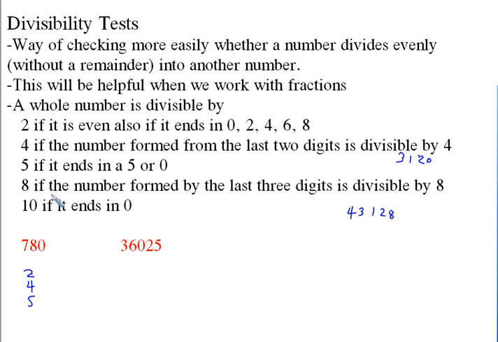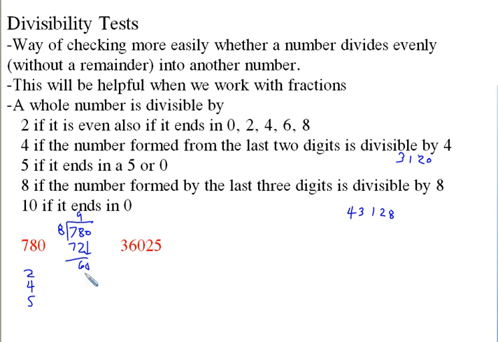Is it divisible by 8? That one's a little bit tougher, because then we have to actually do the division. No easy way of doing this, just hard, old-fashioned division. So 8 goes into 78 nine times, 72, so that's going to be 6 left over. Bring down the 0.